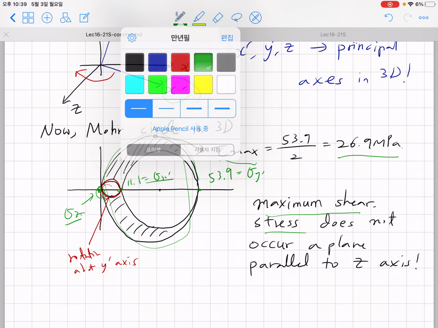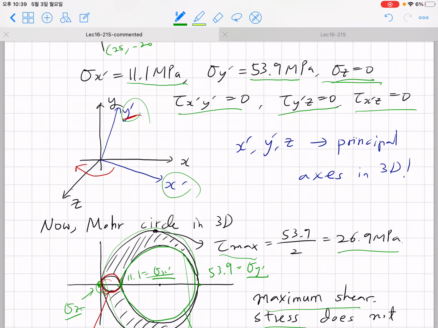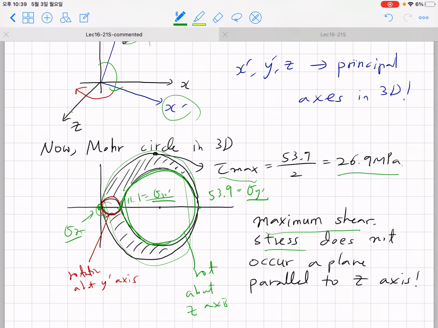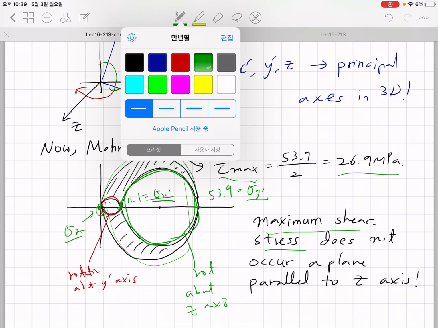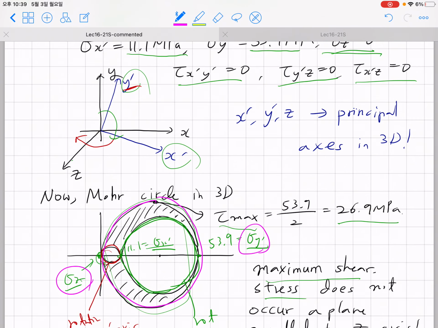Now let's consider this second circle, which passes through sigma x prime and sigma y prime. As you know, this is rotation about the z-axis. If you rotate about the z-axis like this, you can see how the stress state changes. Now we have one more axis to go. The big circle which passes through sigma z and sigma y prime is rotation about the x prime axis.